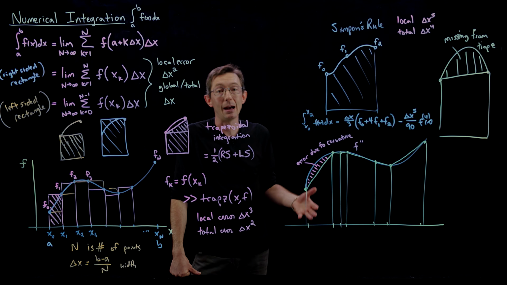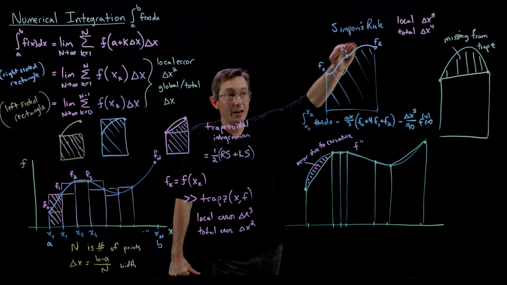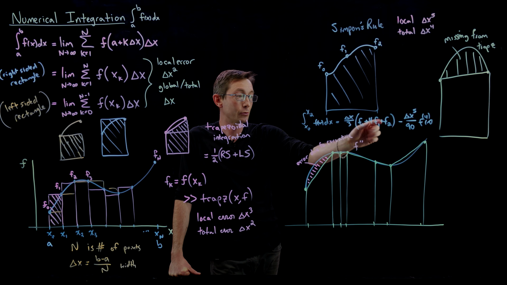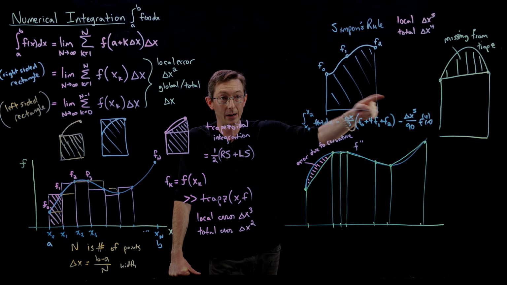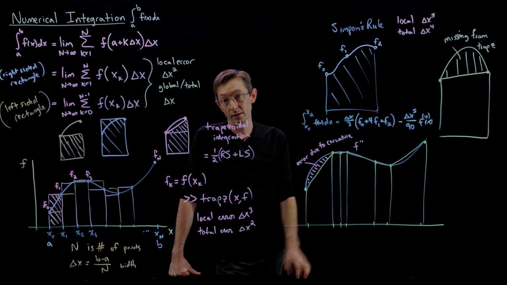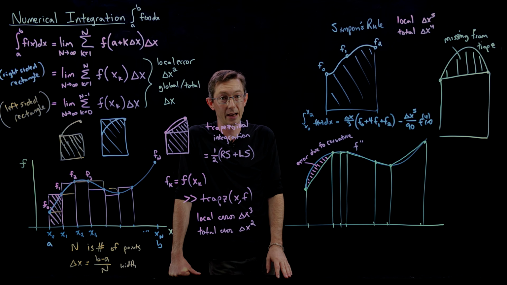And if you really need a lot better error, you can do something fancy like assume that there's some cubic spline between these points, fit that, integrate it analytically, and use Simpson's rule, which is very simple to write down numerically, and it's got way, way, way better numerical accuracy scaling with delta x.